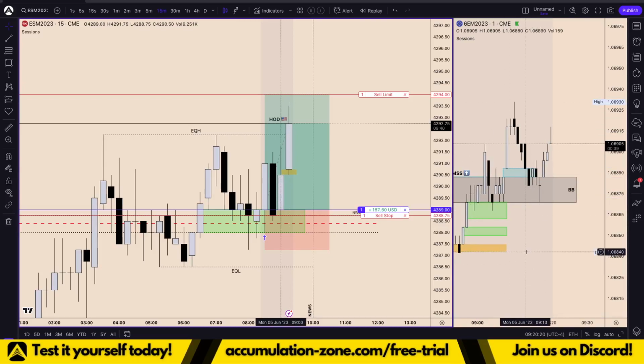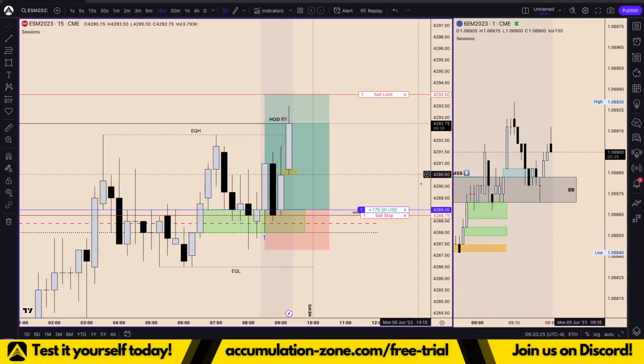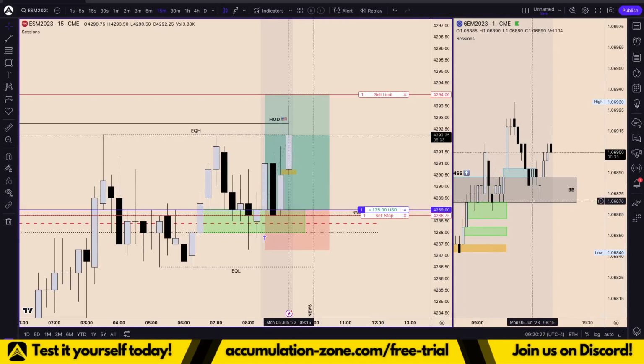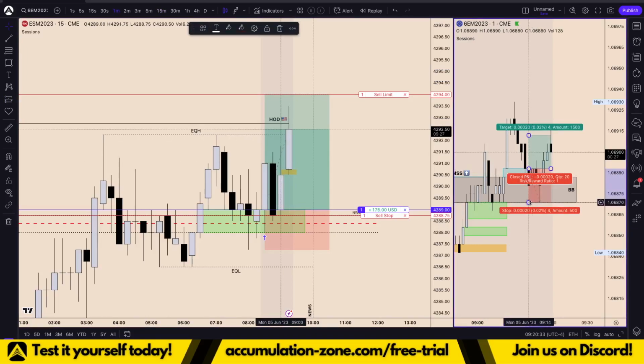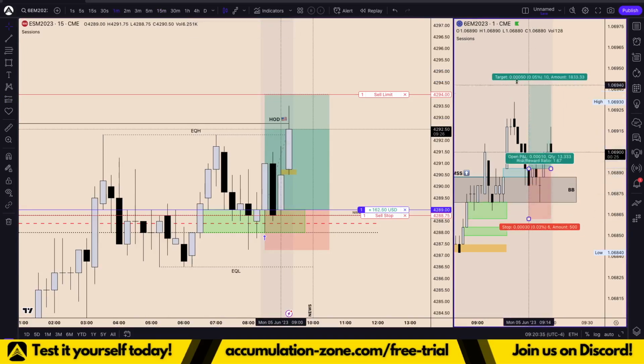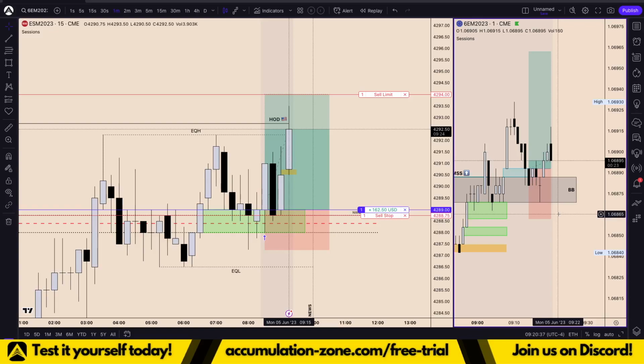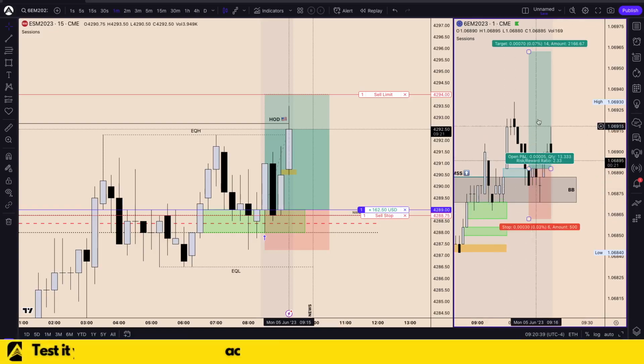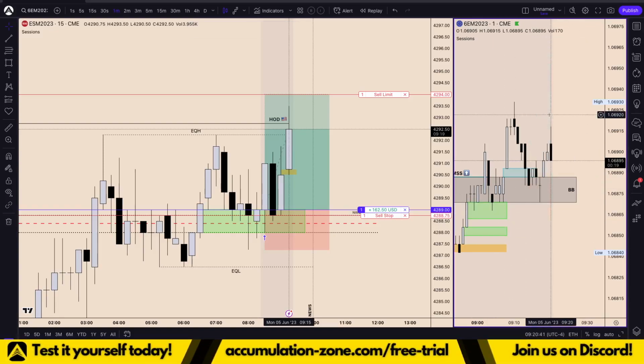Where did you enter on? Did you enter on the 50% level right here, so this first fair value gap? Or did you enter on the retest of the breaker block? Or this little gap here, which I draw on the chart, like this? 50%, fair enough. What made you go for the 50% level? The fair value gap?